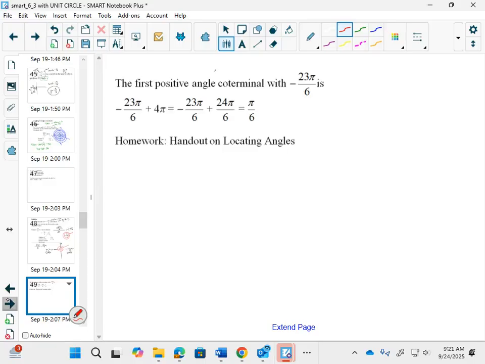Okay, so I've got a handout for you to practice this. Did I send any extra down any rows?